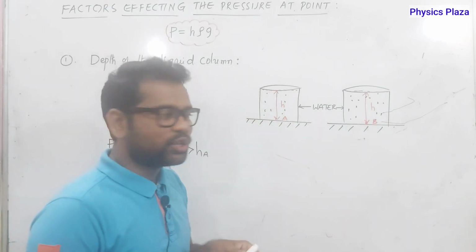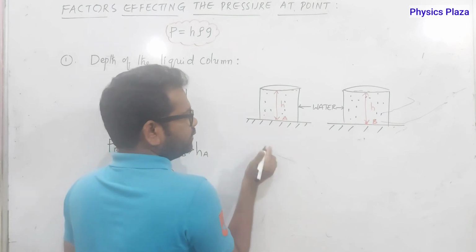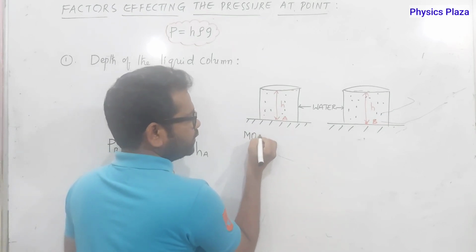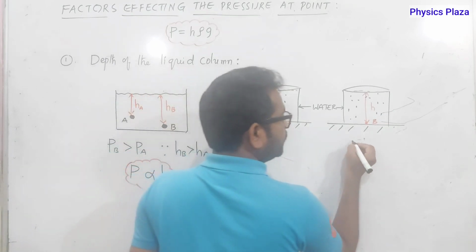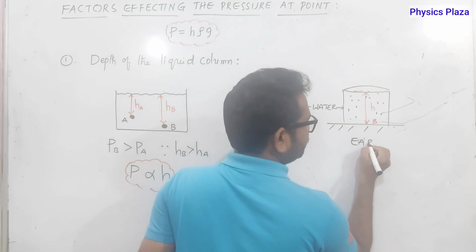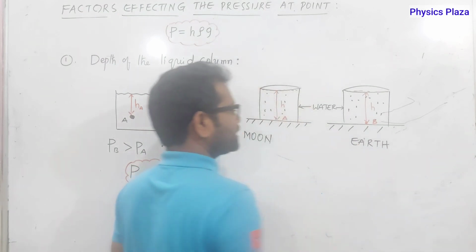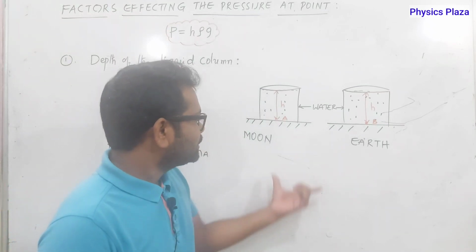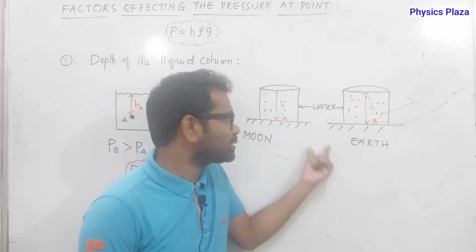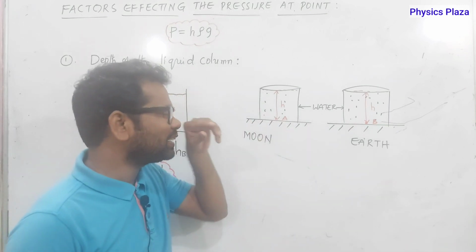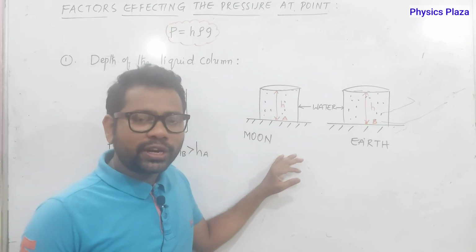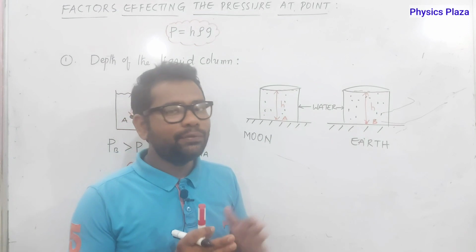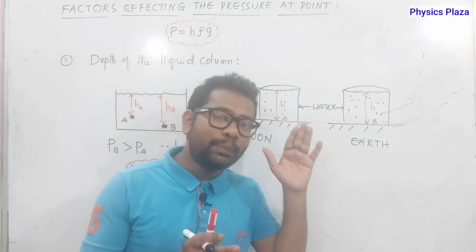But children, this is on the moon surface and this is on the earth surface. The distance between moon and earth is very small, am I right? It's not that. Okay. So children, now the matter is in which case the pressure will be more.